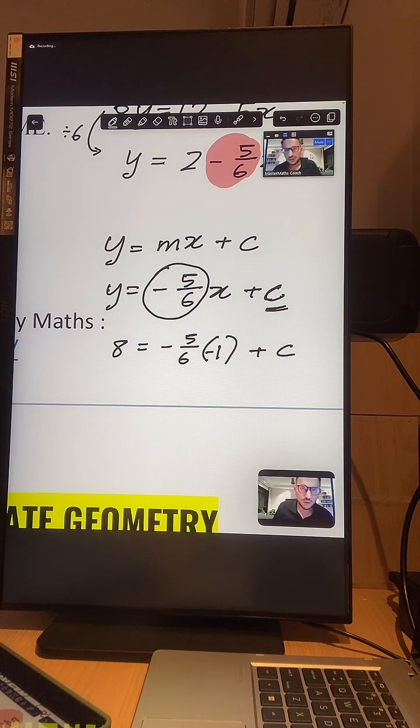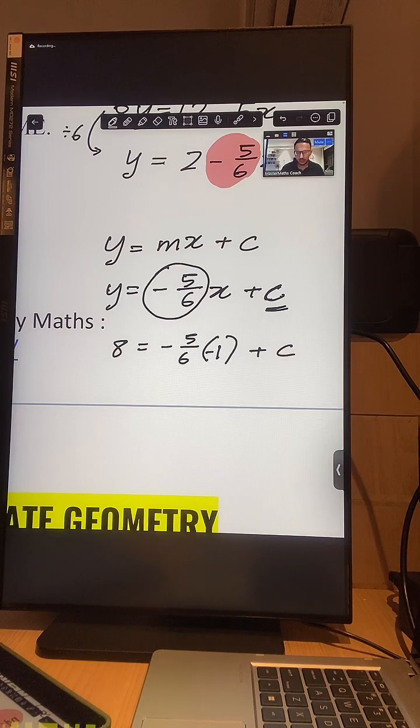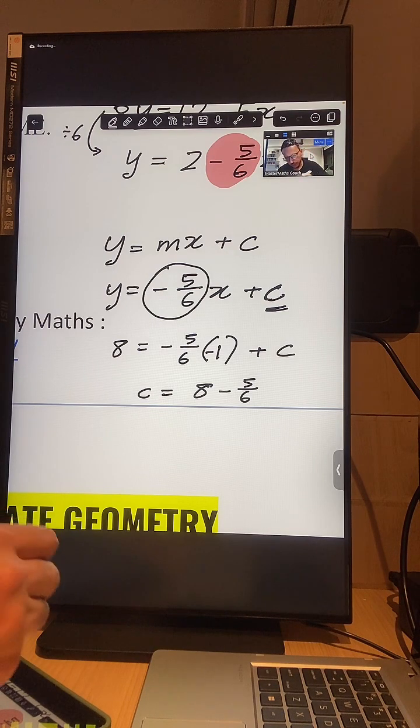Okay, so can I solve for my c now? Yes, I can. How do I solve for my c? c will be equals to 8 minus 5 over 6. Maybe I shouldn't have skipped the intermediate step.